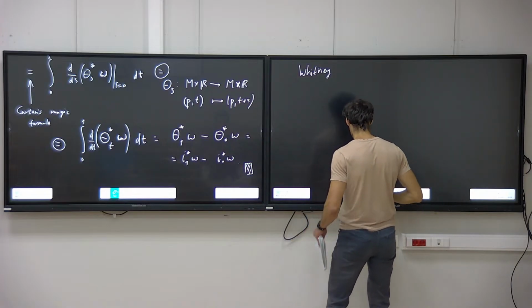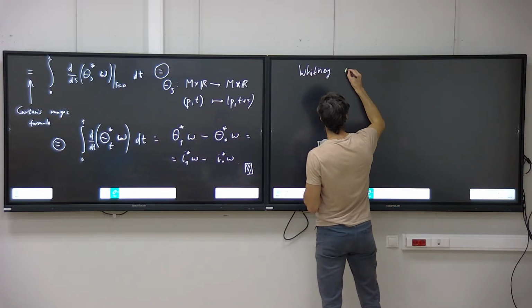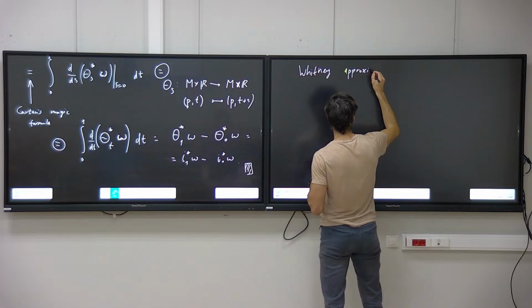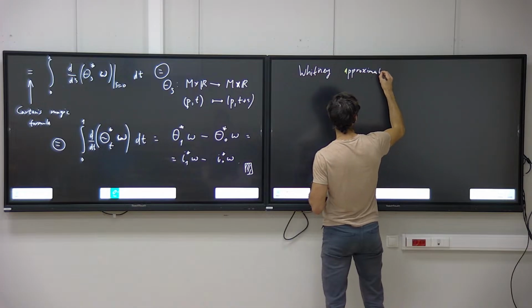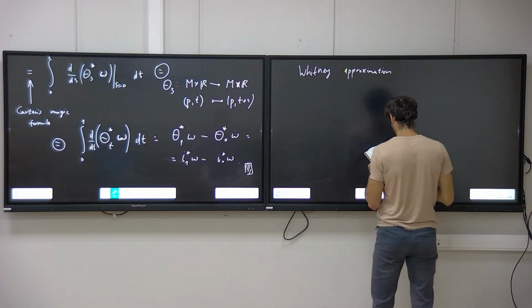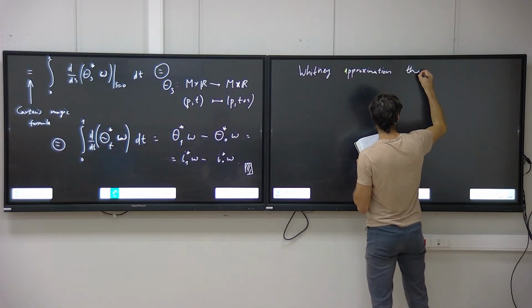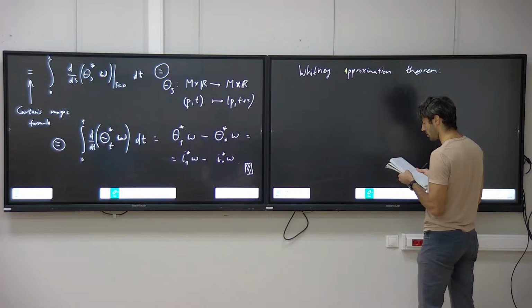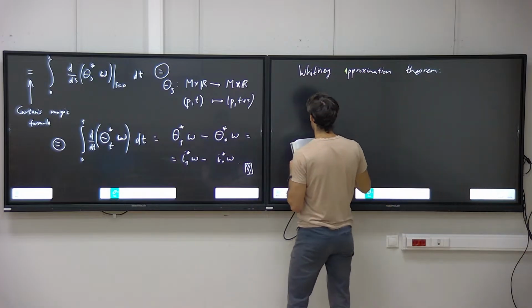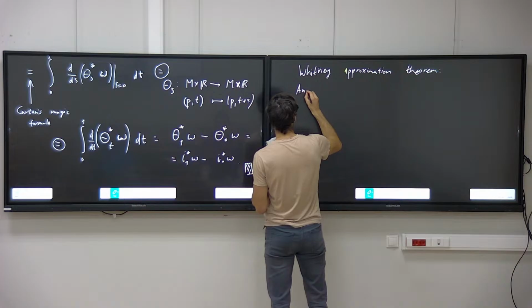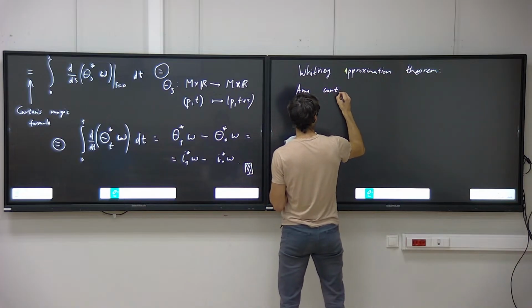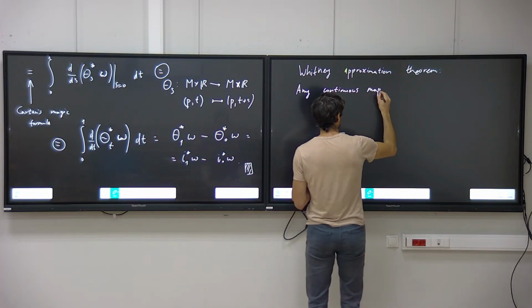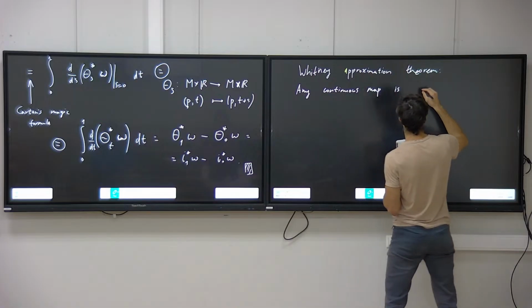So the Whitney approximation theorem just says that any continuous map is homotopic to a smooth map.